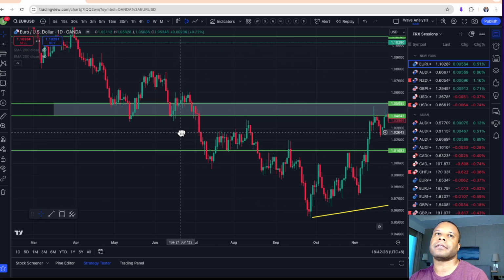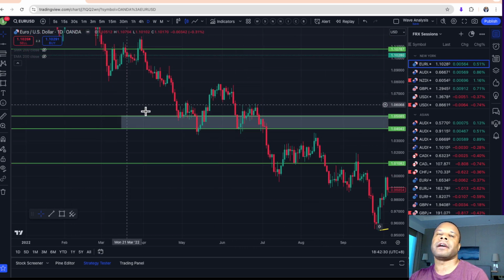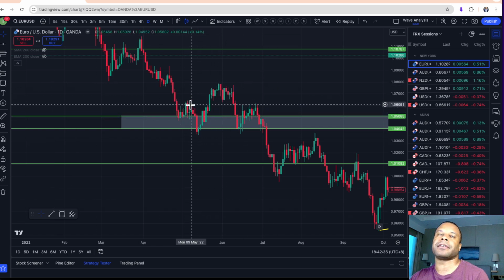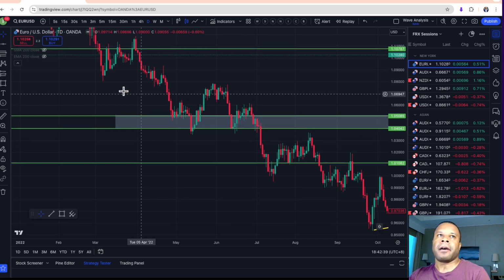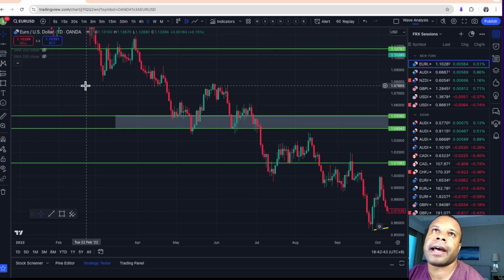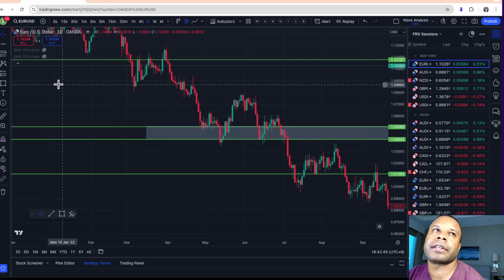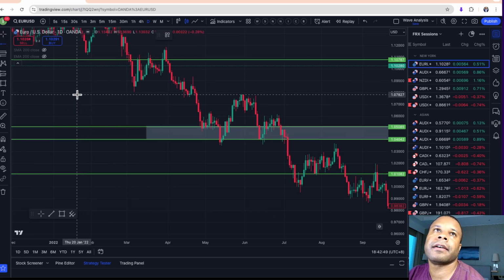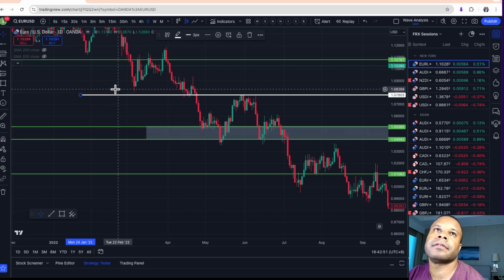And the market went down. Now there are things we could look at to determine whether we should have taken the buy or the sell, right? But these are the areas you'd want to be looking at. Even if we scaled in, we can see there was clearly a ceiling and a floor here.